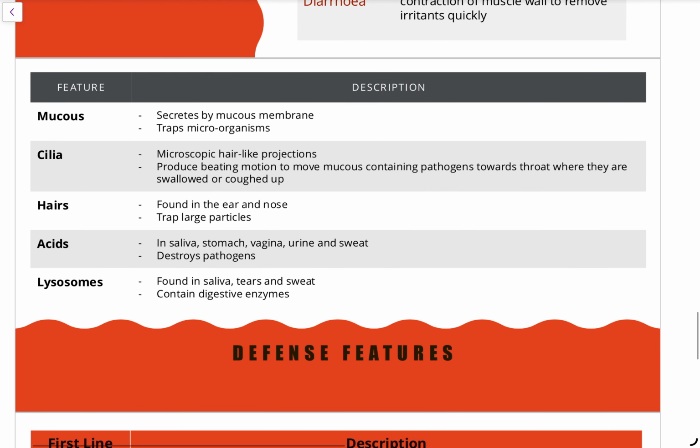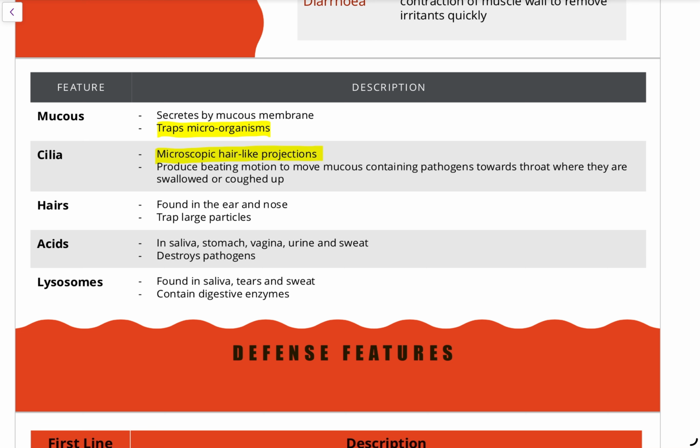So we've looked at the reflexes. We know we want to prevent things from getting in, but here are some of the actual defense features that your body has as well. Number one, mucus. We've got mucus in lots of different regions all around our body. It's going to trap microorganisms. Number two, cilia.